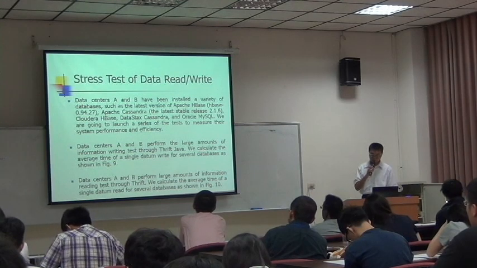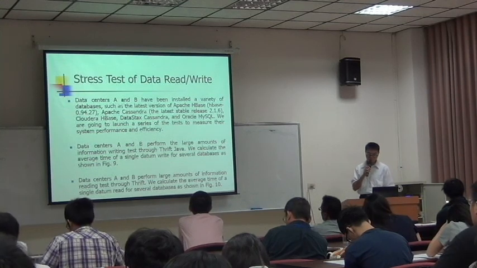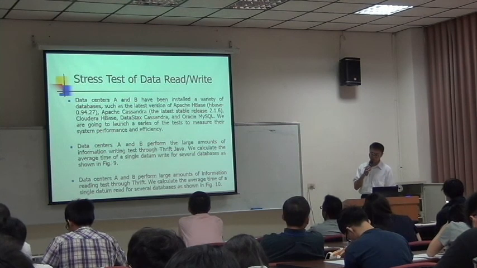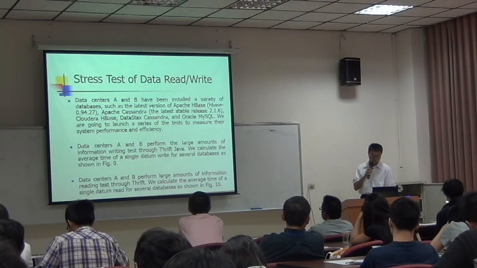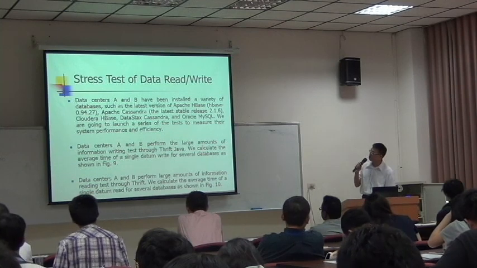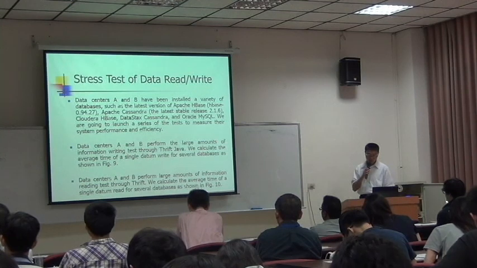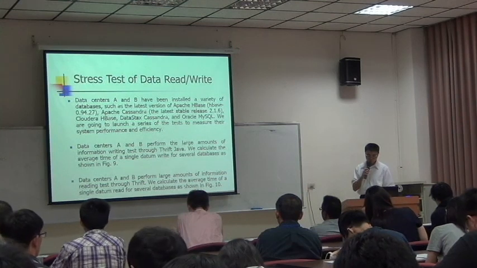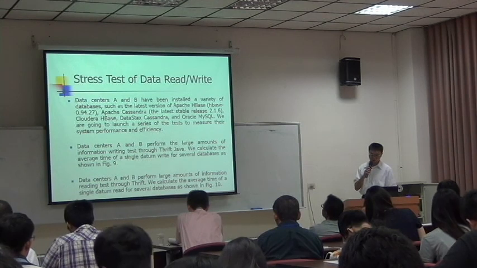Data centers A and B have been installed with a variety of databases such as the latest version of Apache HBase, Apache Cassandra, Cloudera HBase, DataStax Cassandra, and Oracle MySQL. We are going to launch a series of tests to measure their system performance and efficiency.